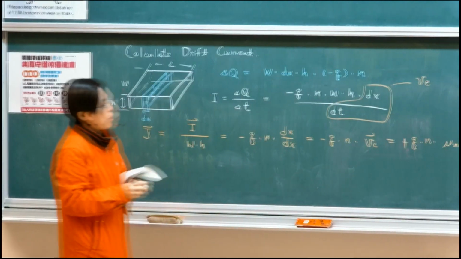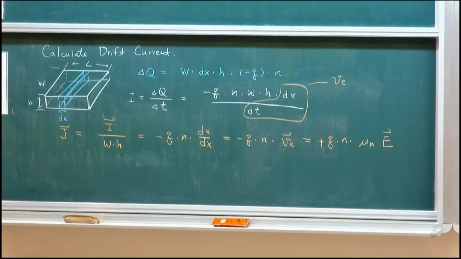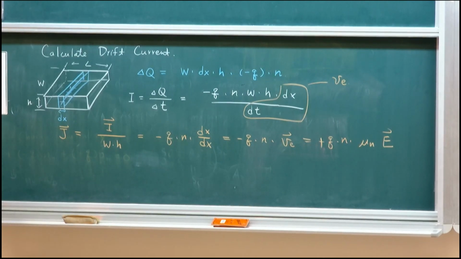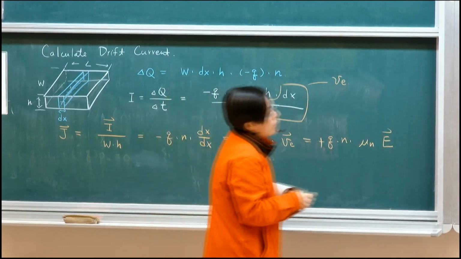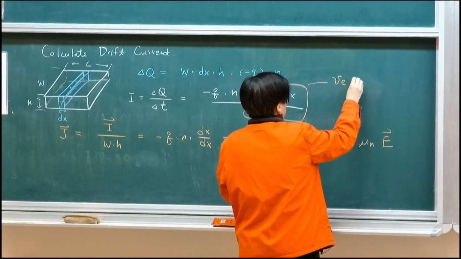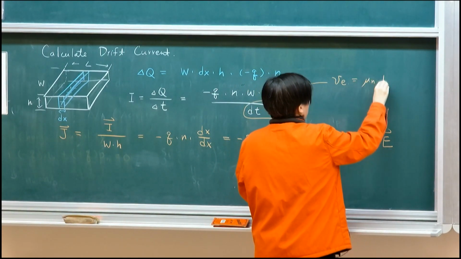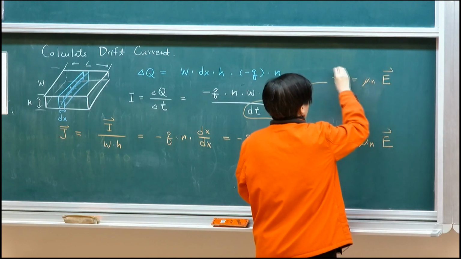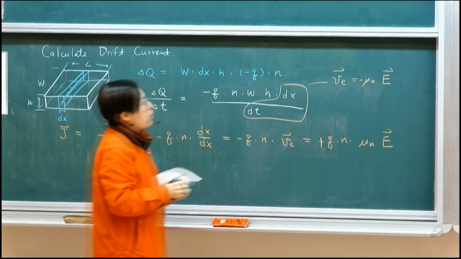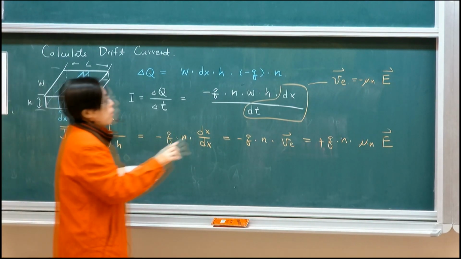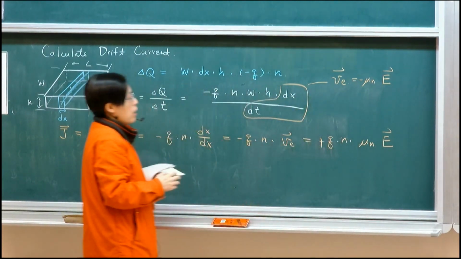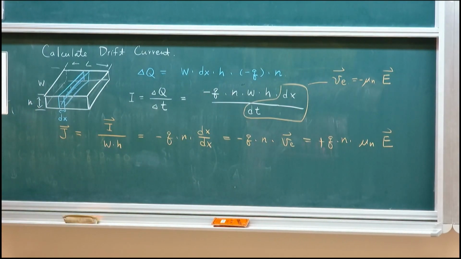The reason why we don't have the minus sign is because electrons move in the opposite direction of the electric field. If I'm writing down the equation, it should be mu n e. Because it's an electron, its moving direction is opposite of the electric field. Therefore, you get a positive sign.